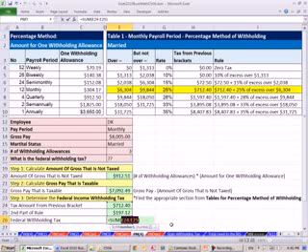And then we add these up, alt equals. So 909.52. So that's 4 examples of the percentage method of withholding.